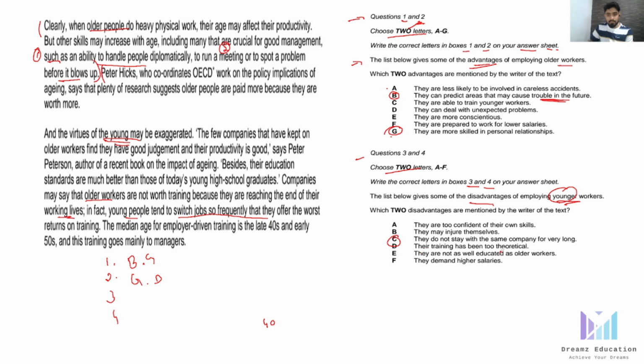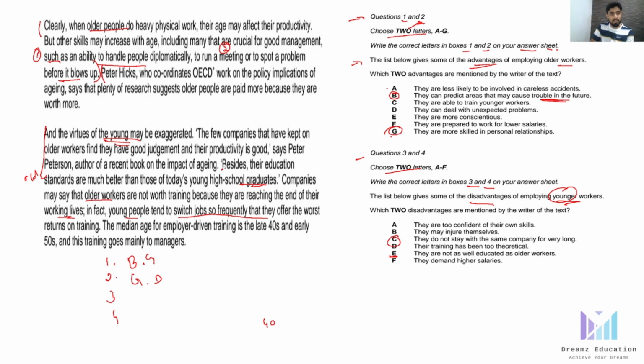Their training has been too theoretical. No, they didn't say that. They are not as well educated as older workers. They demand high salary. Okay, what about E? They are not as well educated as older workers, because they have said here: besides, their education standards are much better than today's young high school graduates, talking about older workers.